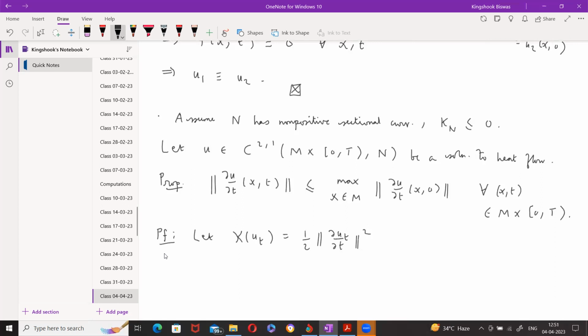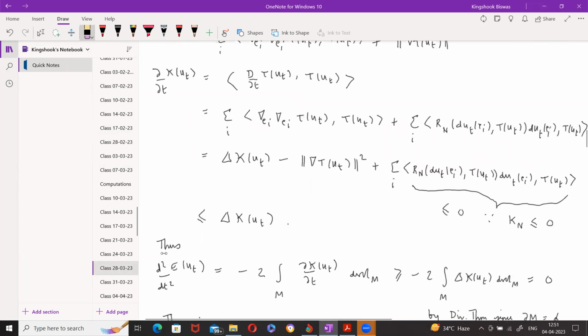Then we saw, in a computation we did earlier, that del T of kappa ut was Laplacian kappa ut minus norm of grad tau ut squared plus a curvature term.